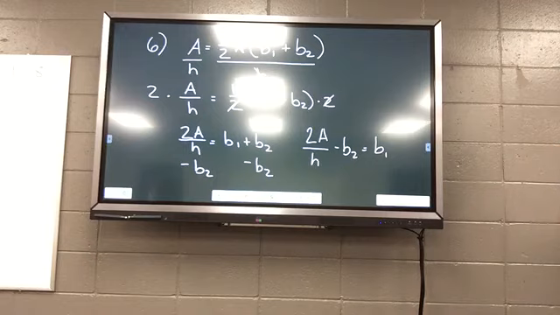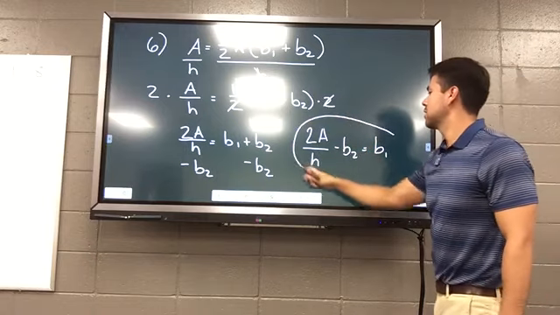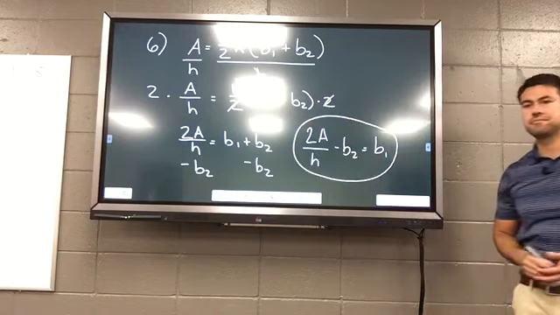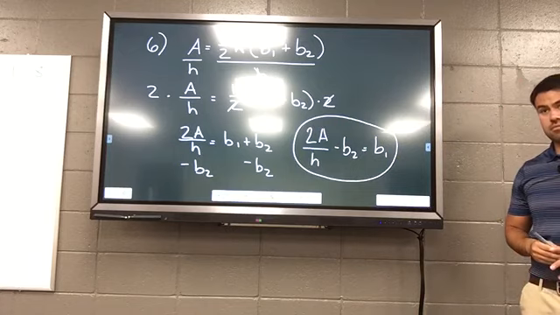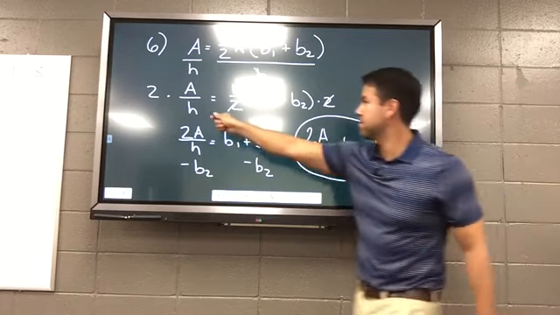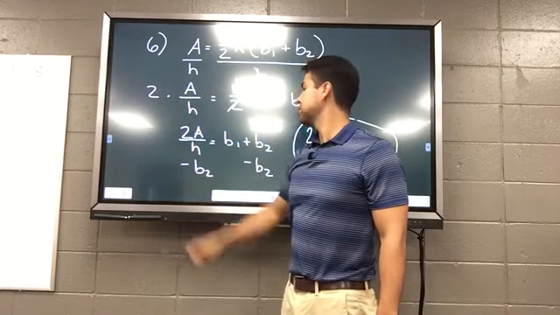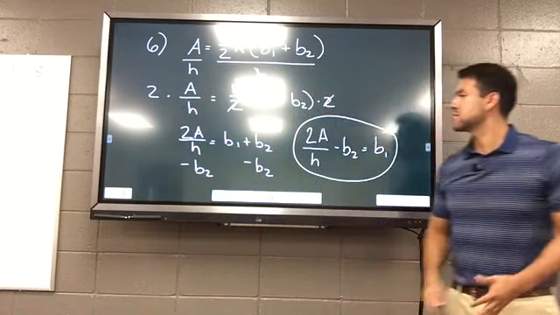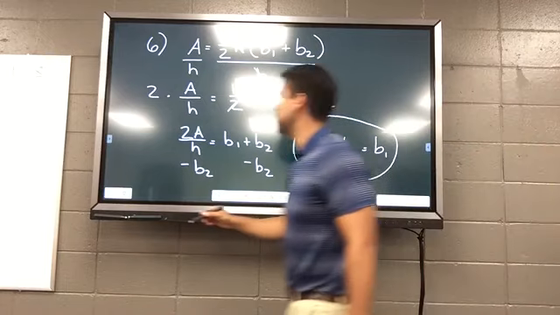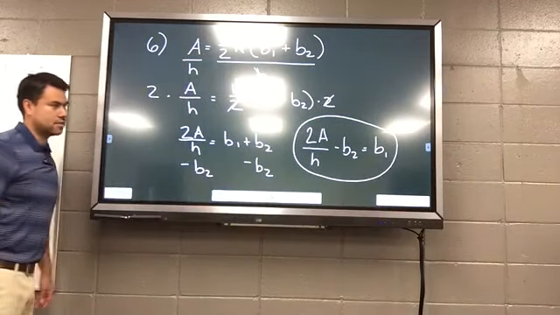Okay, John? When we were multiplying by 2, I did A over H and then times 2. Right here? So is that the same thing as 2A over H? Okay, so if I put H times 2 minus, yes, you can technically do this.